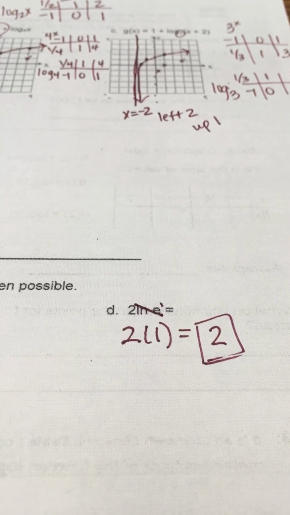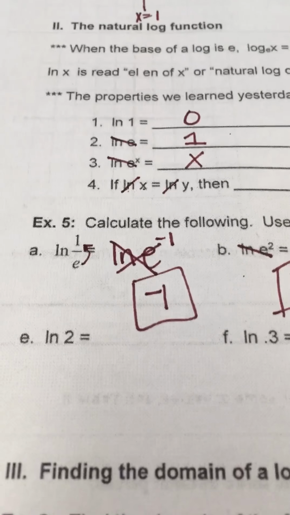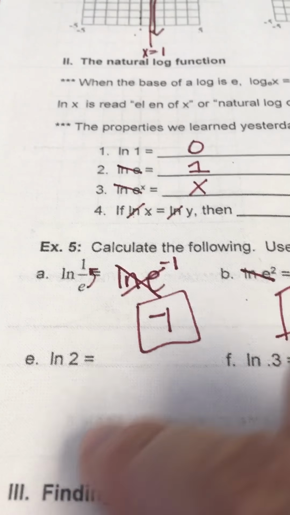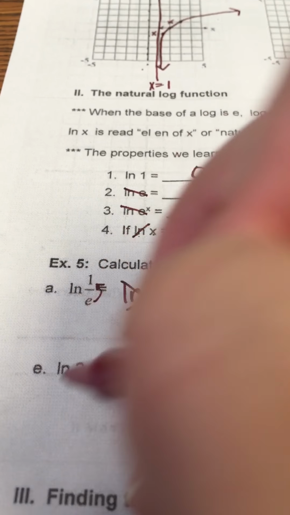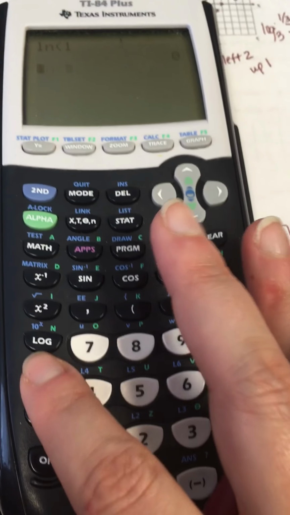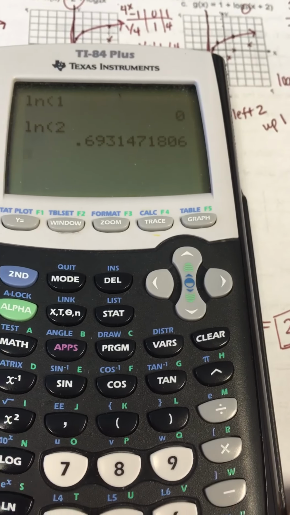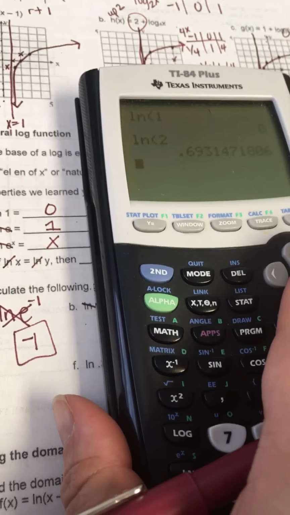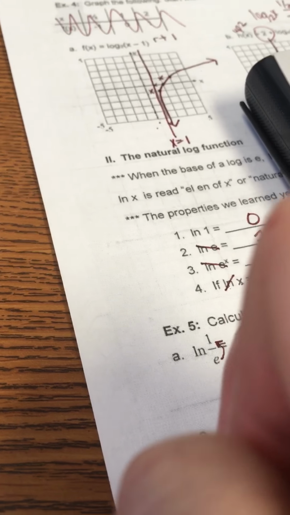Now in some of these problems you don't actually have an e in it, so don't just cancel it out. If it doesn't have the e, you actually do need to type it into the calculator. So hit ln 2, and then you have 0.693.